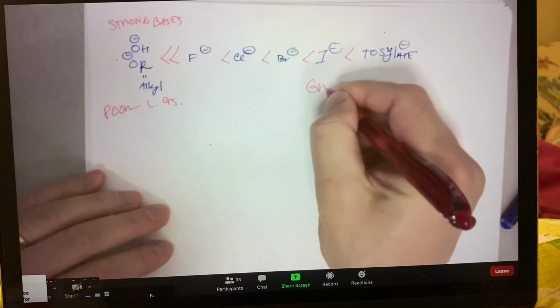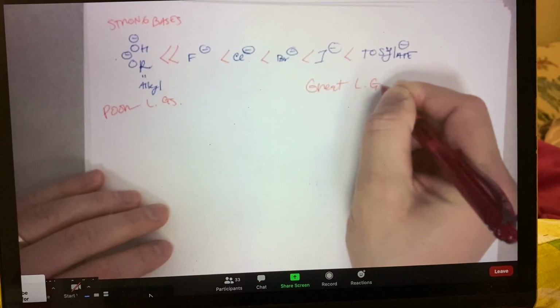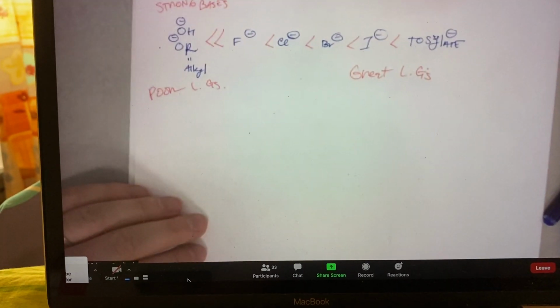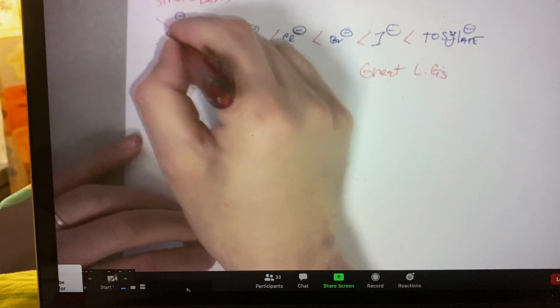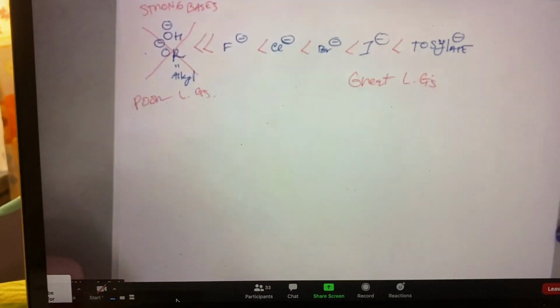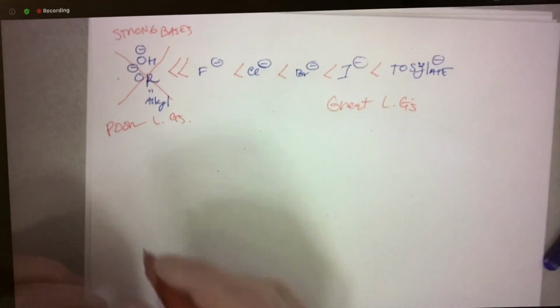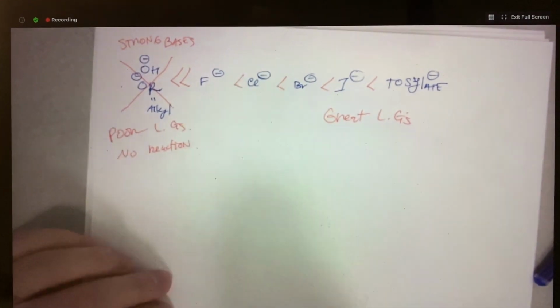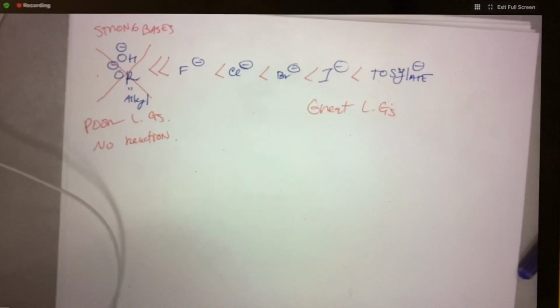These are great leaving groups over on this side. In fact, these strong bases are such bad leaving groups that when they're attached to a molecule, there will be no reaction possible with these types of leaving groups.